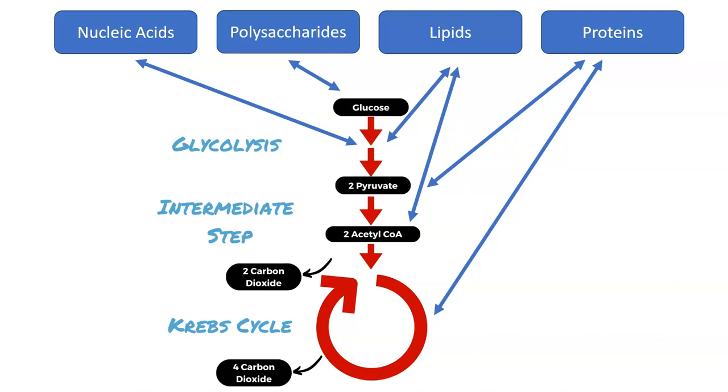Pathways that can be used for both catabolic and anabolic purposes are known as amphibolic pathways. So you can see these arrows on my screen, they go in both directions because depending on what the cell needs, it can either build proteins or break them down, right? And it can use the intermediates of the glycolytic pathway and the Krebs cycle to do so.